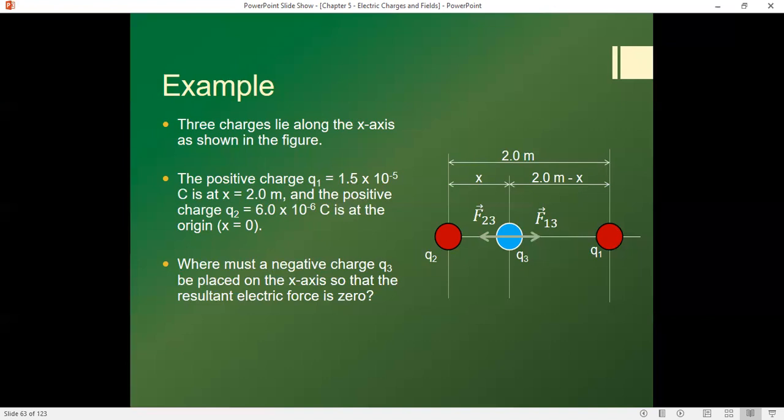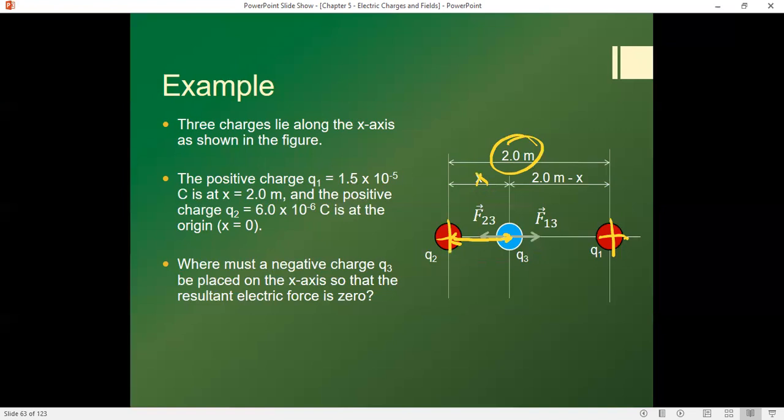So the way I set this up is I say, okay, what do I know? I know the 2 positive charges are separated by 2 meters, okay? But we're not really worried about them moving. They're just going to be stationary. So I'm going to create an unknown value, x, which is going to be the distance between Q2 and the negative charge Q3, okay?